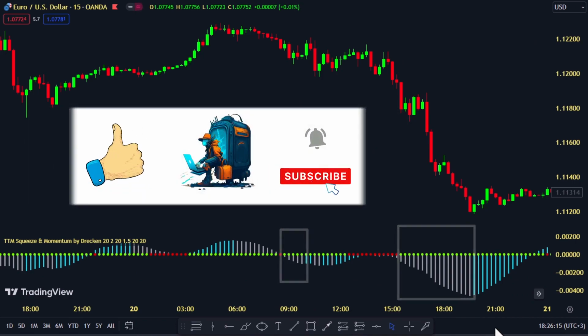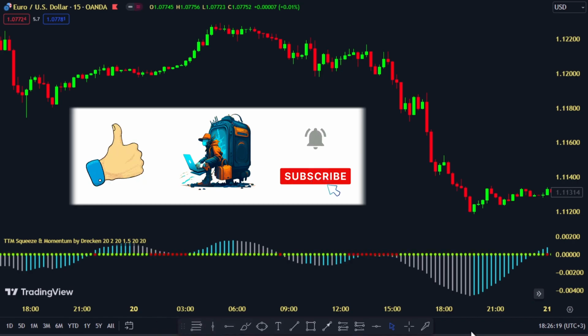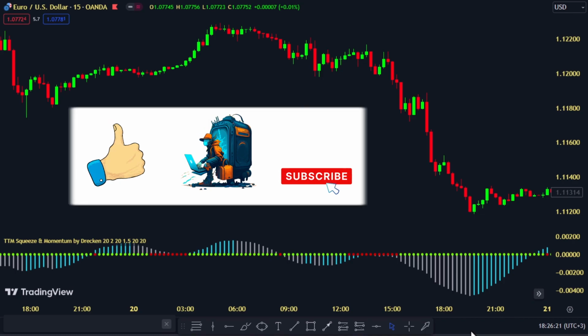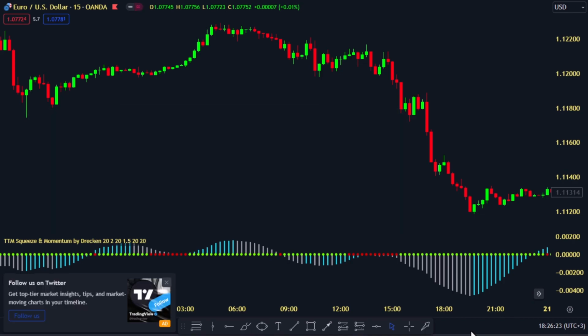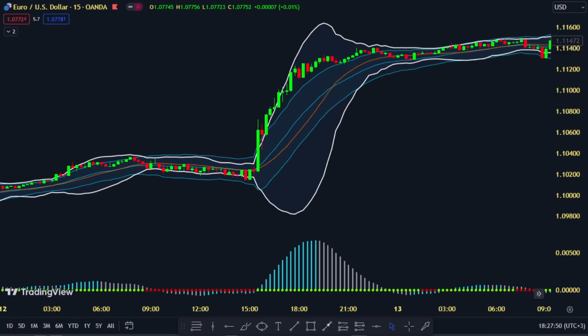The second component is the zero line itself, which sports red or green dots. If you see red dots on the zero line, it means there's a squeeze happening, like a pressure cooker about to blow. This indicator essentially helps you gauge the volatility and momentum of the market by comparing Bollinger Bands and Keltner channels.